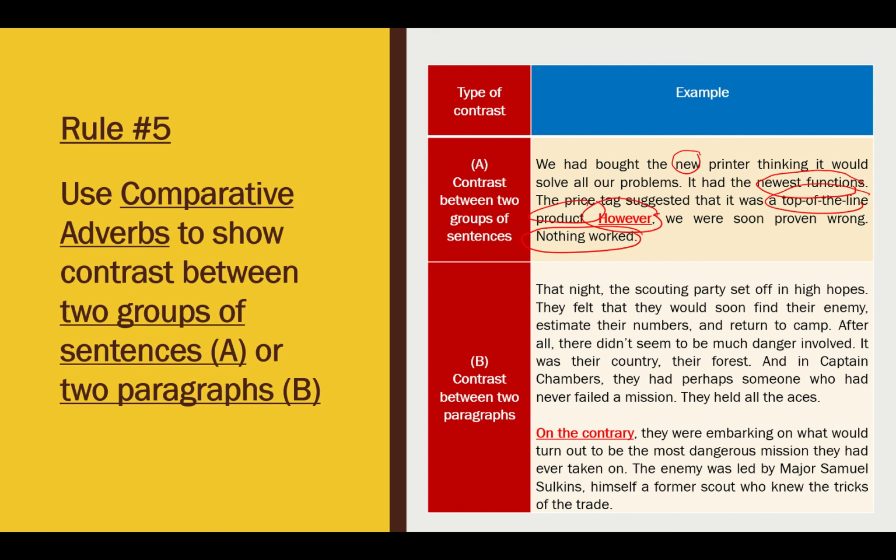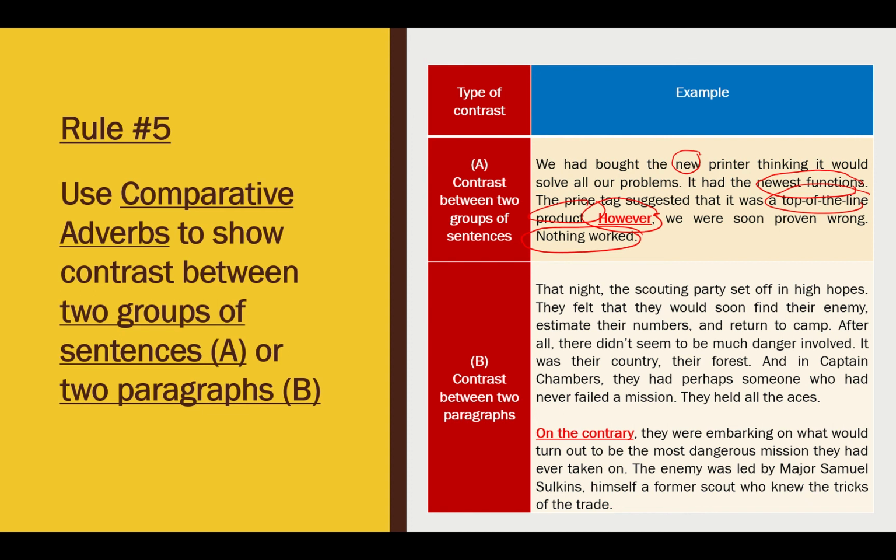You can also use comparative adverbs in between paragraphs, as you can see here at the bottom. If you read the first paragraph on your right: that night the scouting party set off in high hopes. They felt that they would soon find their enemy, estimate their numbers, and return to camp. After all, there didn't seem to be much danger involved. It was their country, their forest, and in Captain Chambers they had perhaps someone who had never failed a mission.